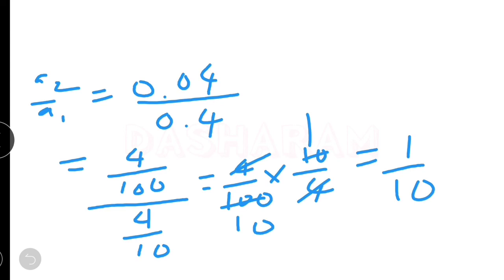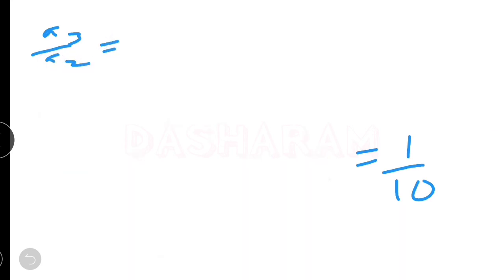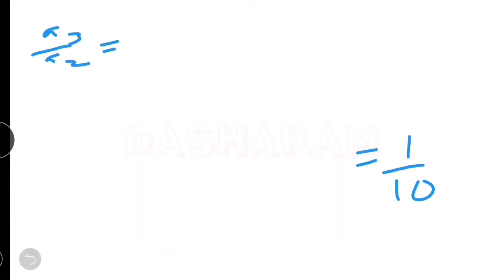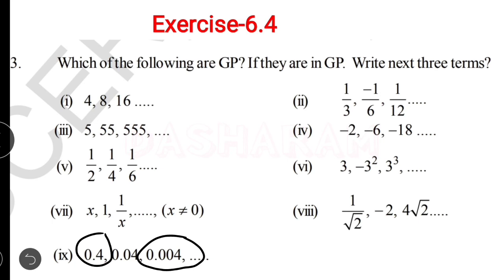Next, what is the second ratio? A3 divided by A2. The A3 value is 0.004, divided by the A2 value, 0.04.